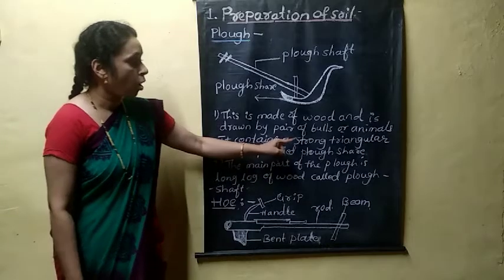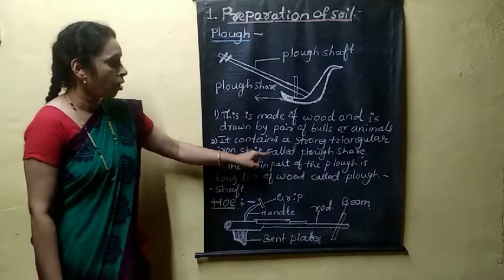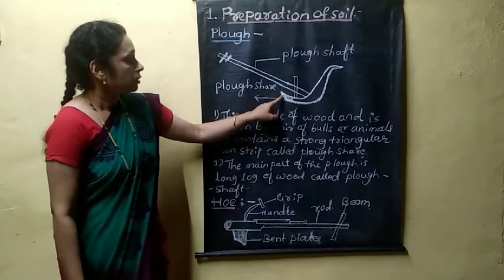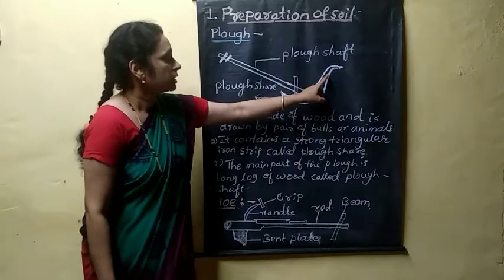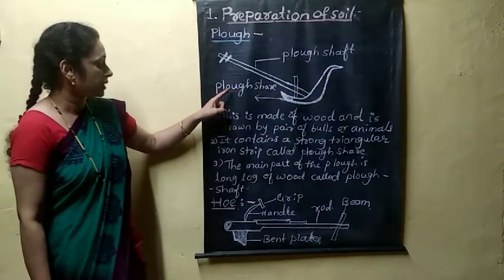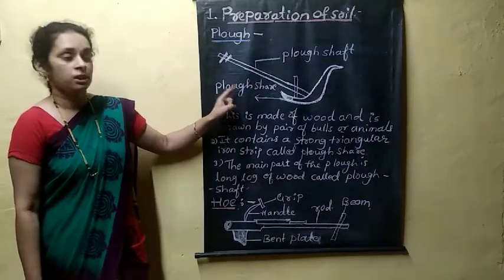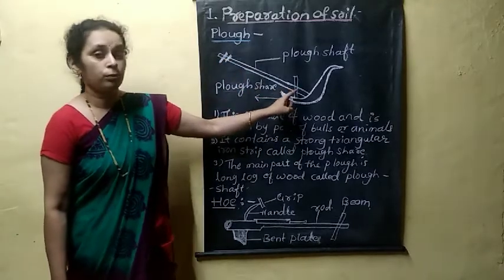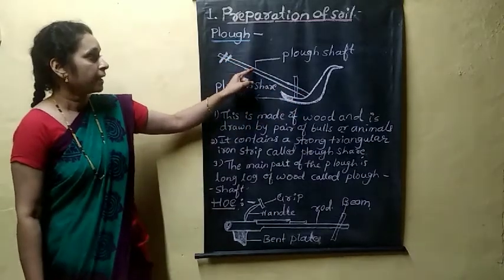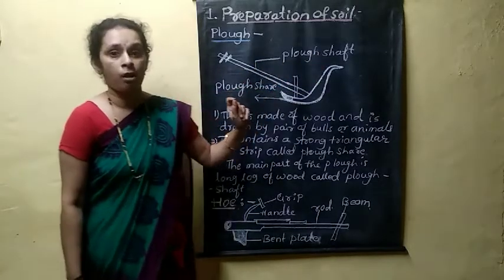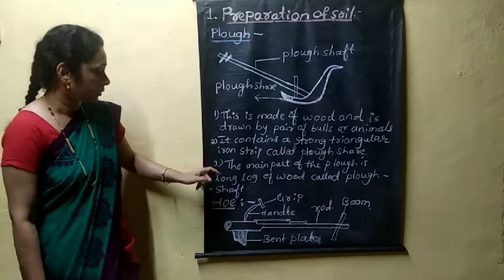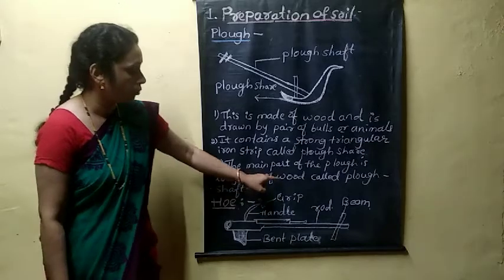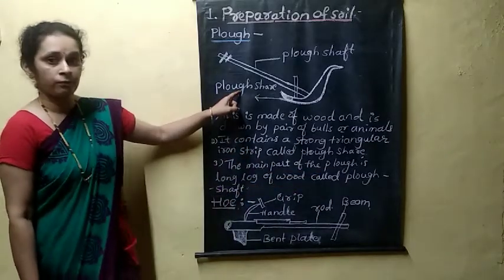At one end, it contains a strong triangular iron strip called the plow share. It has a long wood-log-like structure called the plow shaft. The main part of the plow is the long log of wood called the plow shaft.